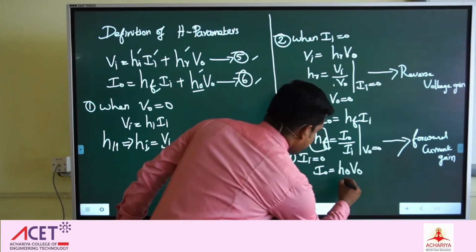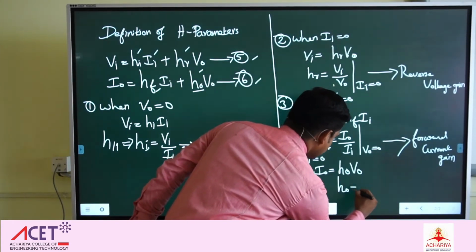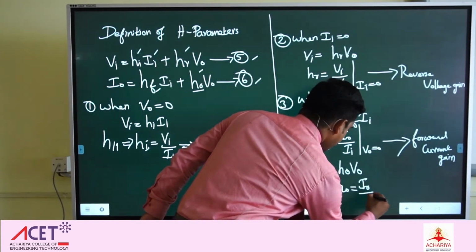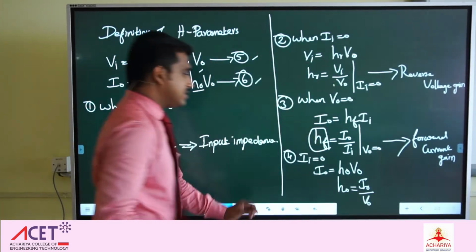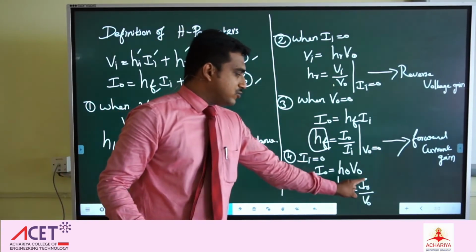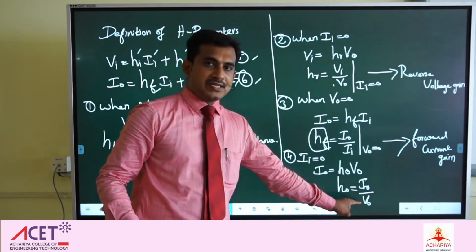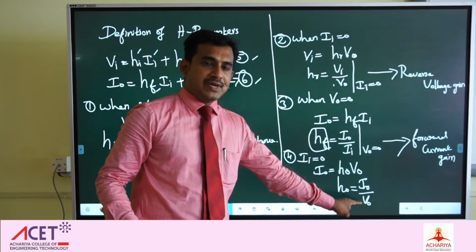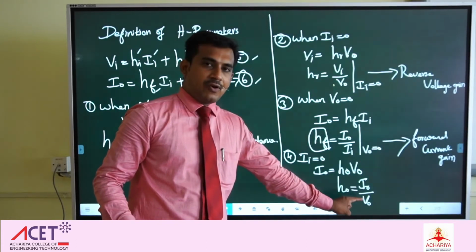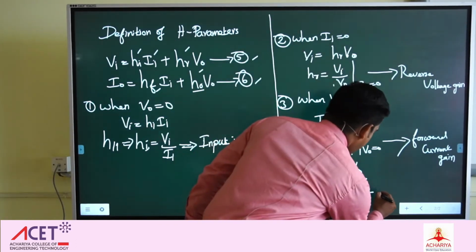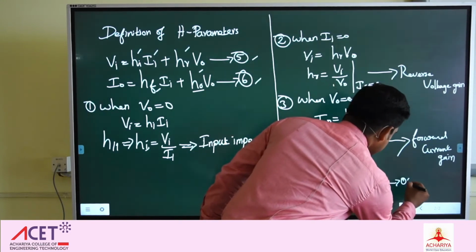From this equation we can find Ho is equal to I0 divided by V0. See this equation, Ho is equal to I0 divided by V0, output current divided by output voltage. Current divided by voltage is the admittance. Here output current divided by output voltage, we can say it is the output admittance.